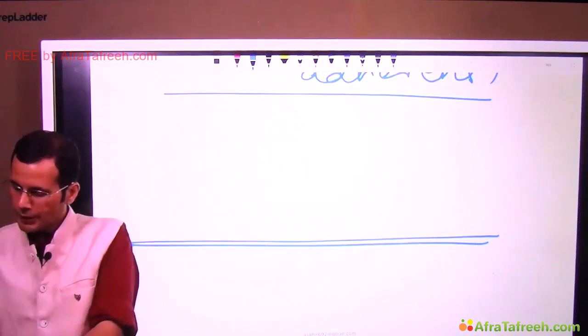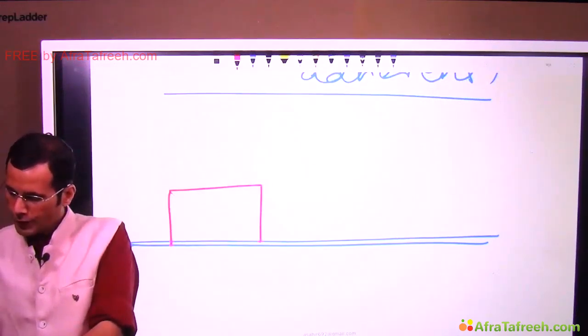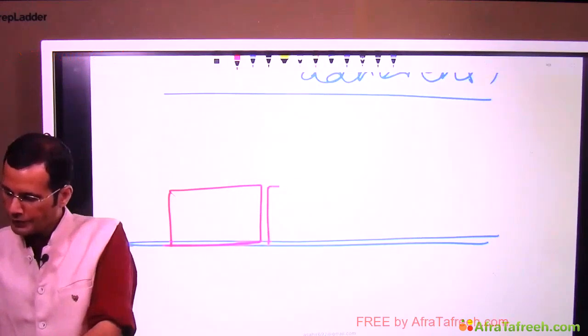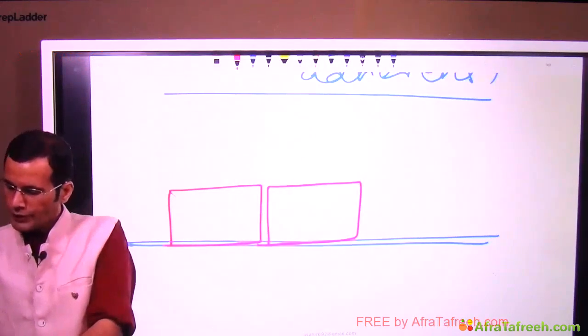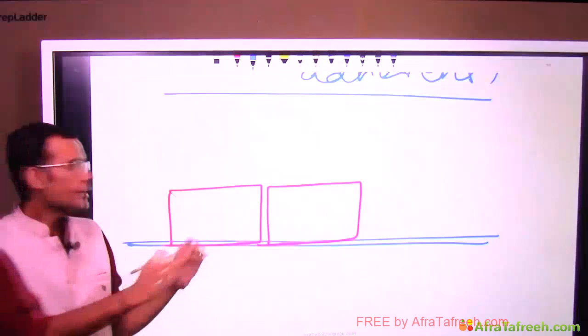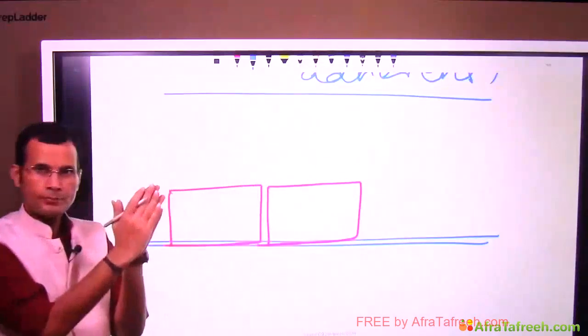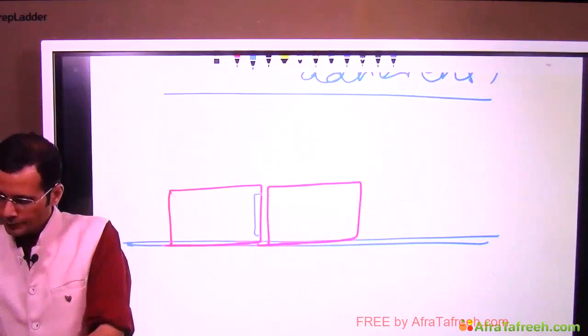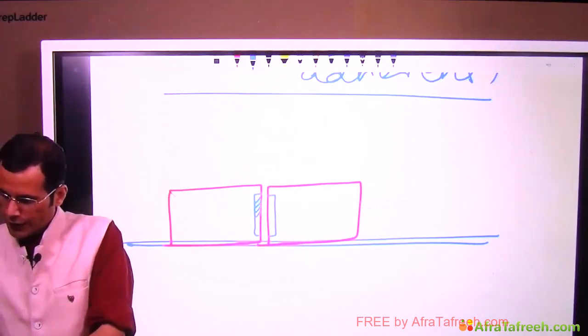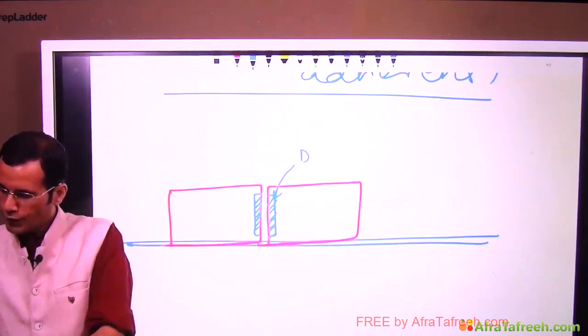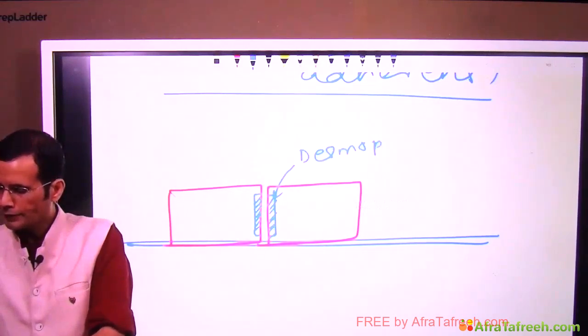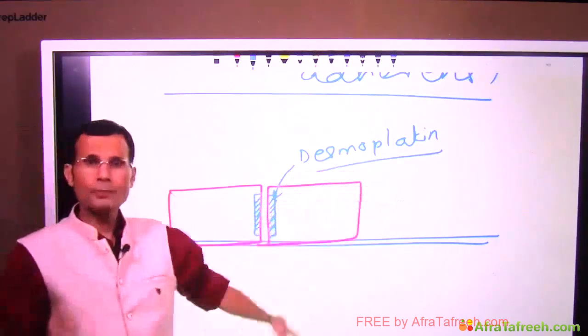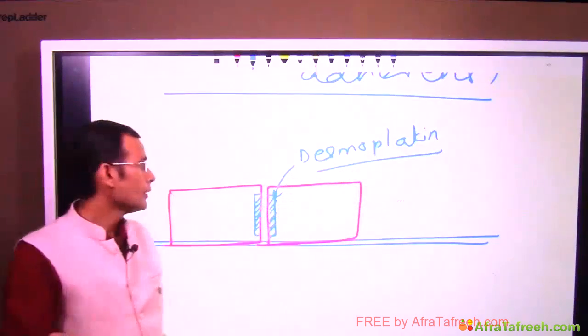This is a basement membrane on which these epithelial cells are based. And you see the adjacent epithelial cells. Their opposing membranes are thickened like a plaque. And this plaque is formed by the protein called desmoplakin.